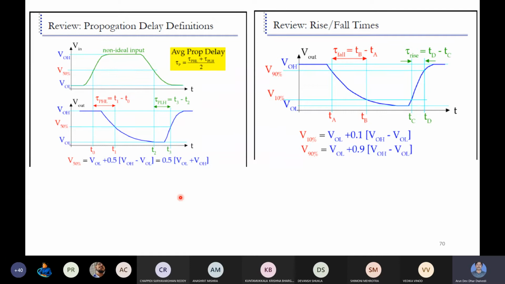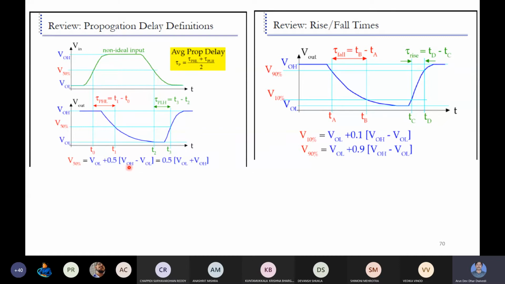According to the definition, VOL is the minimum, generally 0 in this case. For the 50% point you calculate 0.5 of the difference between VOH and VOL; since VOL is 0, it is 0.5 of VOH.